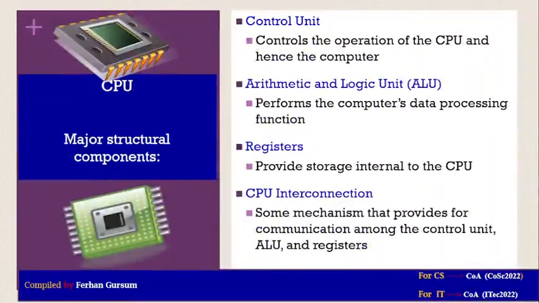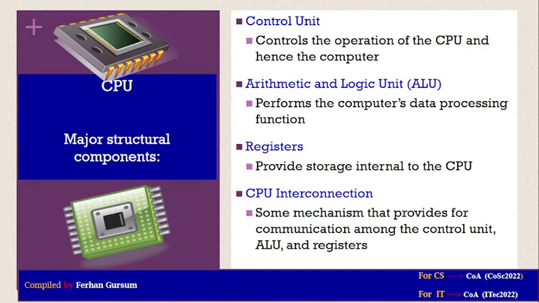When we come to CPU, now we are going to see them one by one, okay? When we come to CPU, there is the control unit. These are the major structural components of CPU, okay? Control unit controls the operation of the CPU and hence the computer.